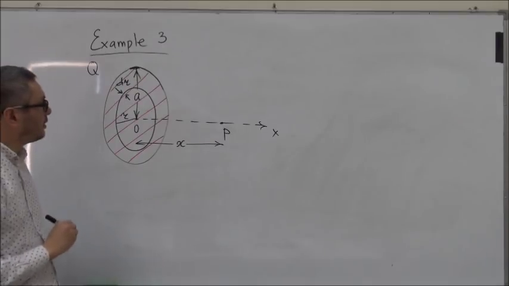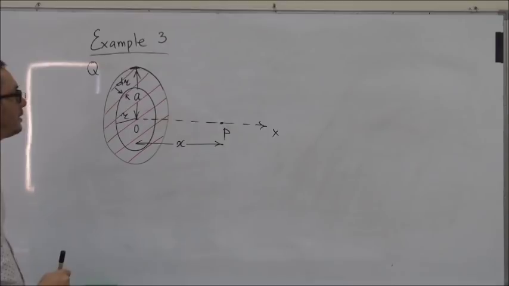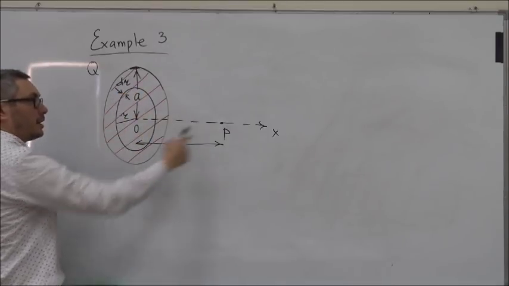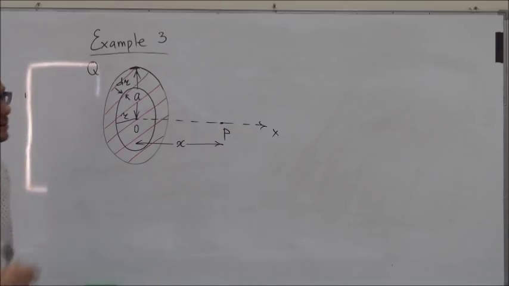Okay, now if we want to find the electric potential created by this ring at this point, we can use the result from the previous example. So let's write down the result.